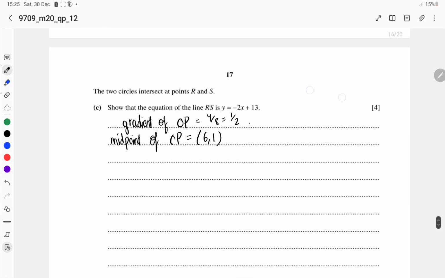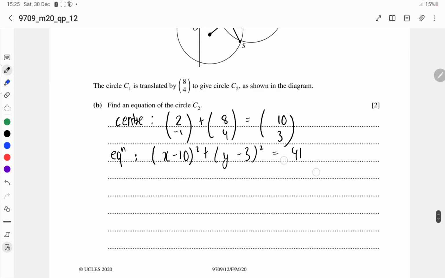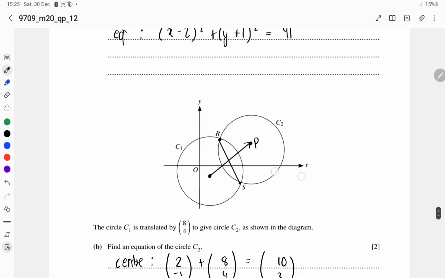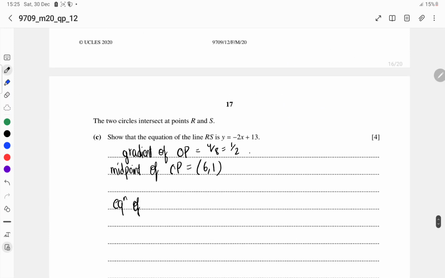You can find it. So the equation of the line RS will be given, because this is simply going to be perpendicular. And then after, the equation of RS will be y minus 1 equals minus 2 (x minus 6), because when these are perpendicular, the gradients satisfy m1 times m2 equals minus 1, so it's going to be minus 1 over m, right?